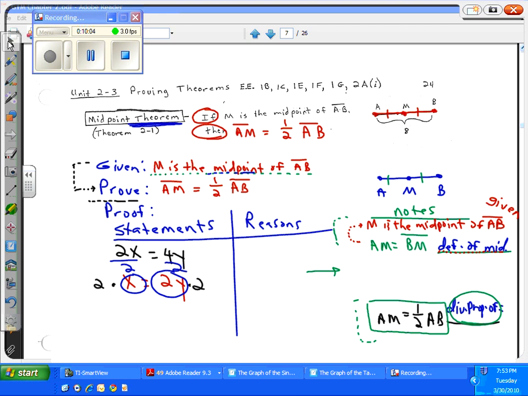You see, if I want to know what I divided by 2 to get this, I'm going to multiply by 2 to go backwards. Well, if I multiply by 2, I'm going to have 2AM is equal to 2 halves is 1 whole AB. So if I'm going to say AM equals half AB because I divided by 2, then it had to have come from 2AM equal AB.